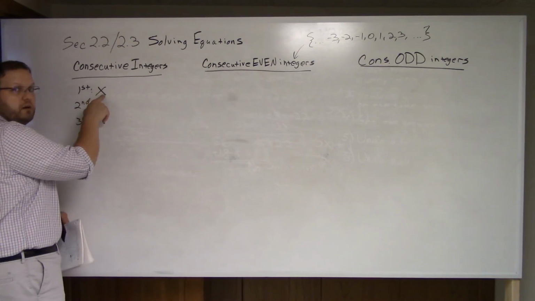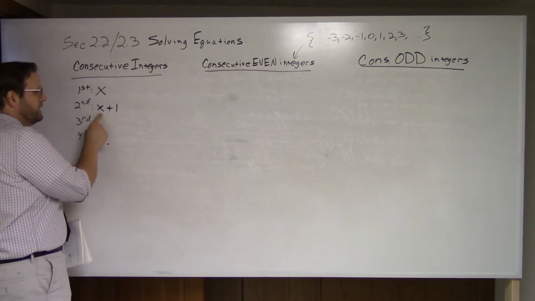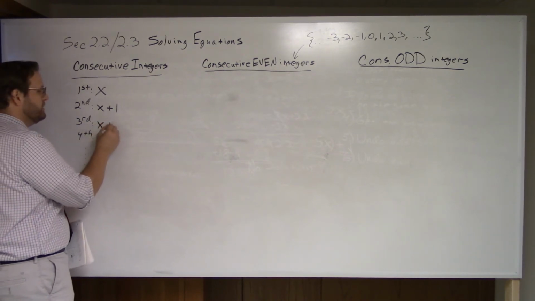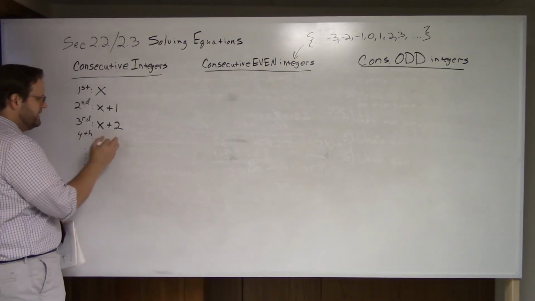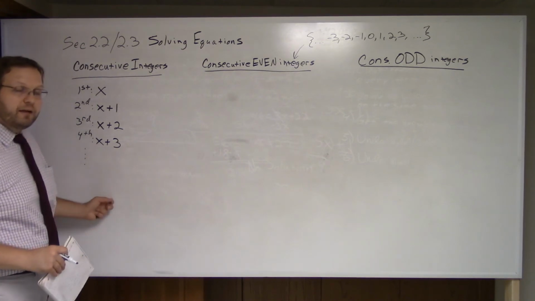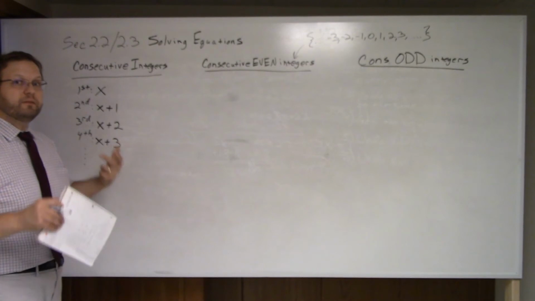Whatever number we started with, we're going to add 1 to it. Then we're going to take this guy, and we're going to add 1 to that, and it's going to be x plus 2, because 1 plus 1 gives you the 2. Then we're going to take this, add 1 to that. And we can continue that pattern as many times as we need. This is how we set up consecutive integers.